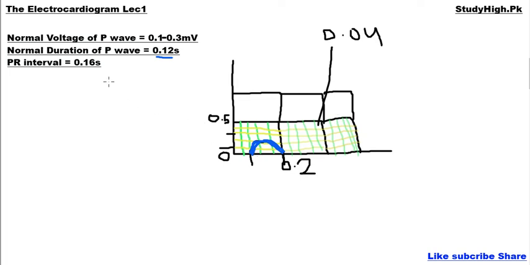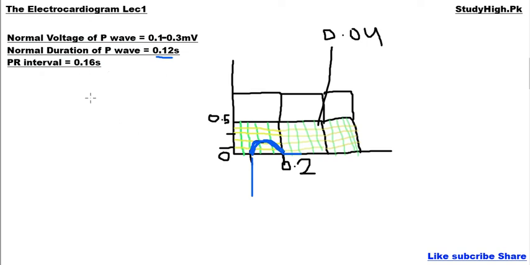Now the PR interval. After the end of the P wave, there will be a zero potential for some time, about 0.04 second. As I explained earlier, the PR interval is the time from the beginning of the P wave to the beginning of the QRS complex. So it is 0.16 second. From where the P wave started, you should calculate the point at which 0.16 second will be completed on the recording paper.